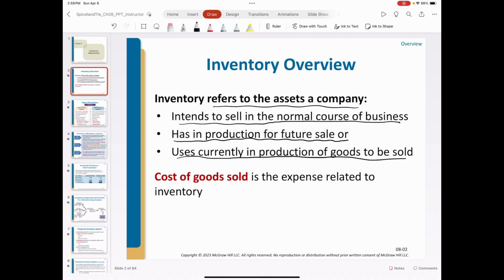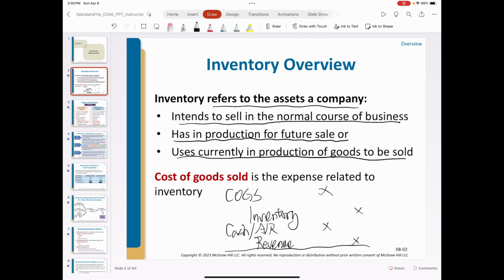So the typical journal entry for this is the company debits cost of goods sold, I use COGS to represent cost of goods sold, and credits inventory. And there is an accompanying journal entry: the company will recognize revenue from the sales, or if the sales is on credit, we will debit accounts receivable.